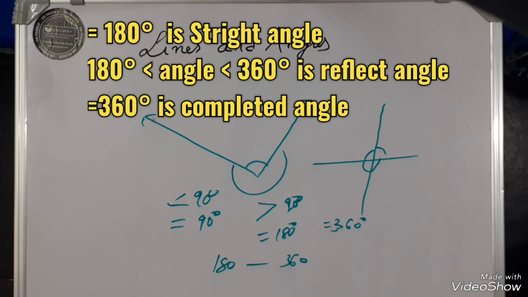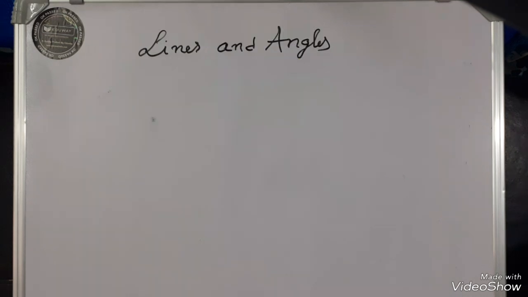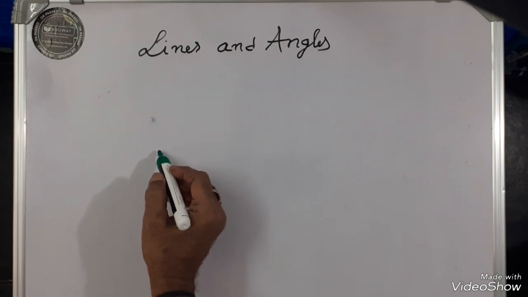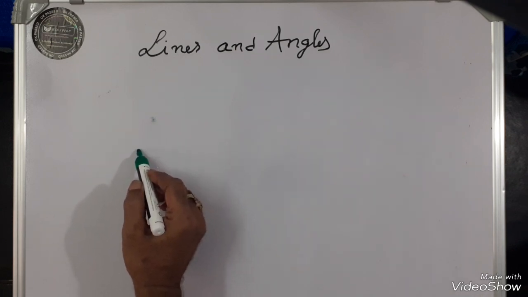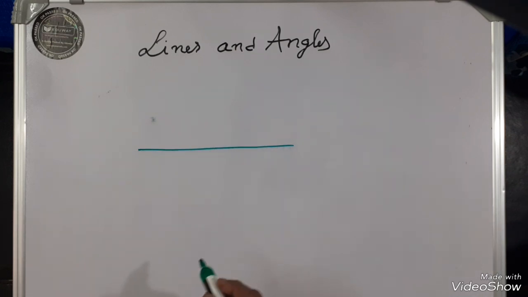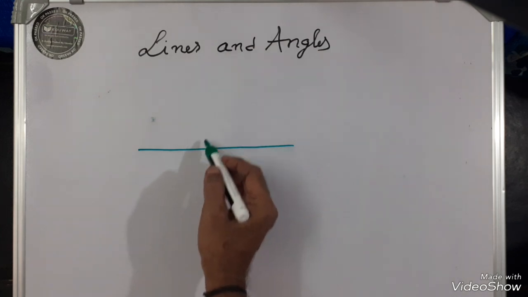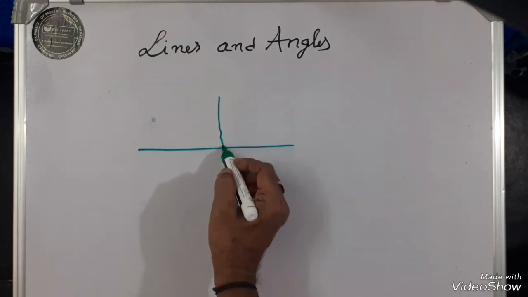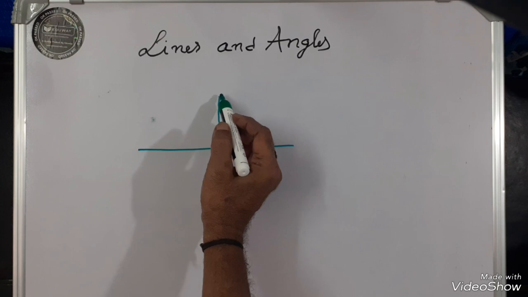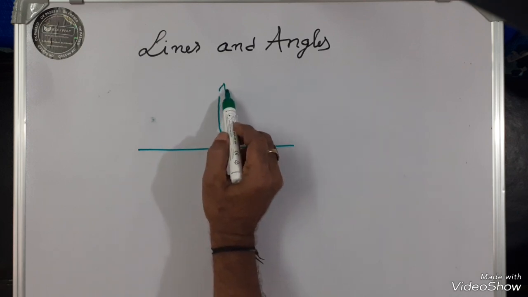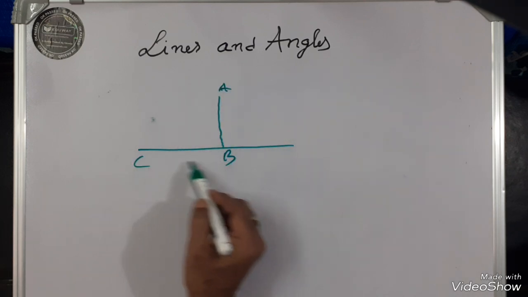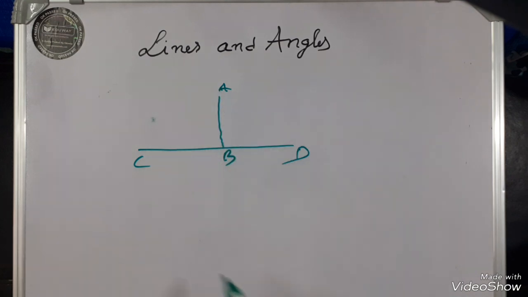Now here we can discuss lines and angles. Suppose this is line AB, this is CD. AB is perpendicular to CD.